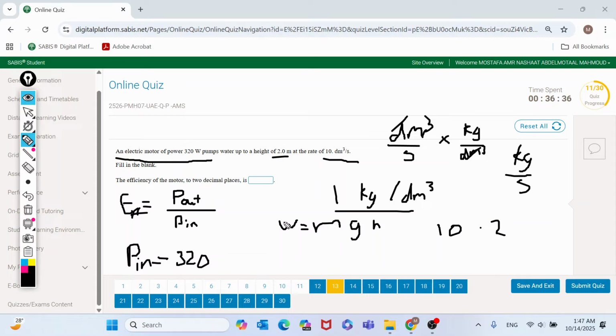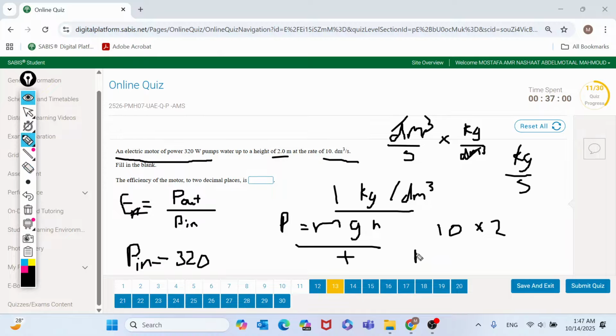And if we don't use work here, we just go straight for the power, this is the work over the time, right? So it's gonna be gh, so 10 times 2. We'll just use gh as 20.